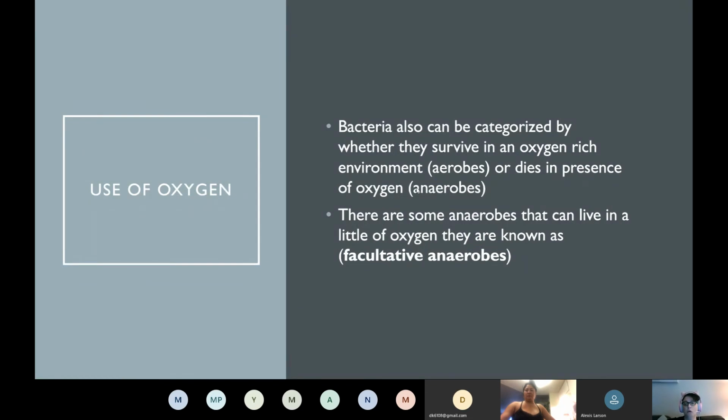So are they aerobic or are they anaerobic, meaning that they die in the presence of oxygen, right? Okay. There are certain pathogens, microorganisms that can live in both. We call those facultative. All right.